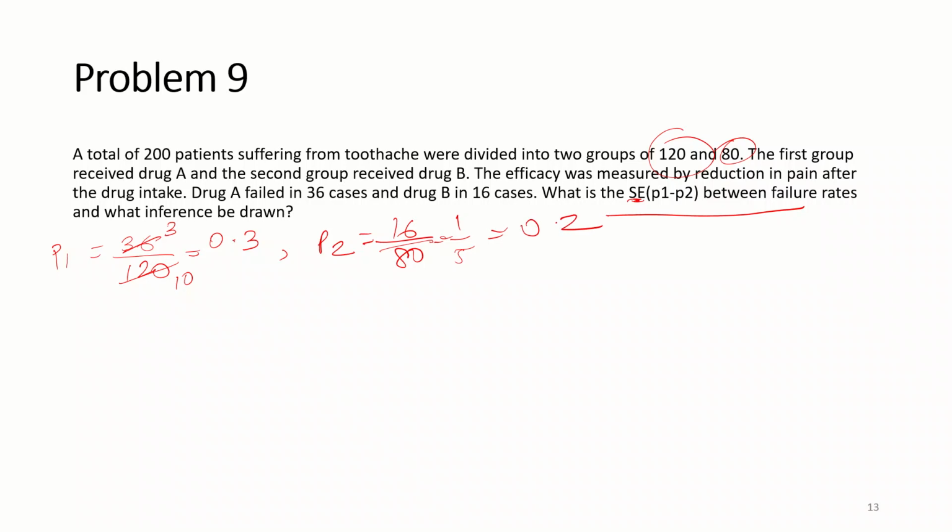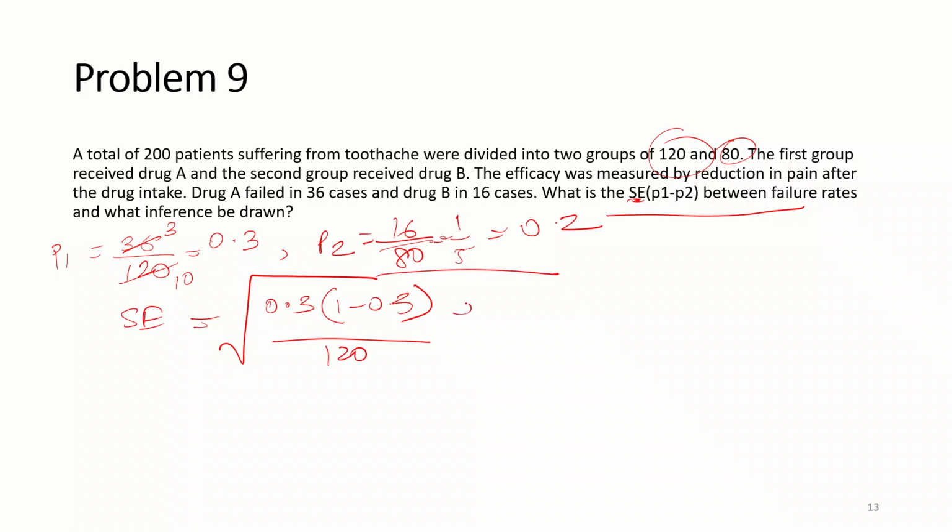Yeah, so now we have to find the standard error of both. For that we will take 0.3 times 1 minus 0.3, divided by the number, which is 120, plus 0.2 times 1 minus 0.2. Yeah, this formula you remember.